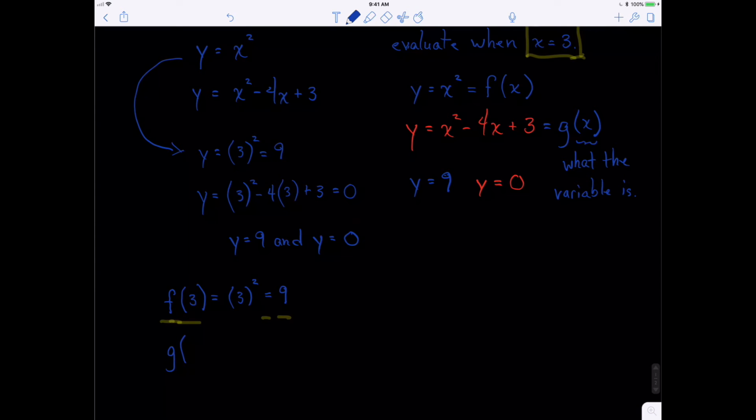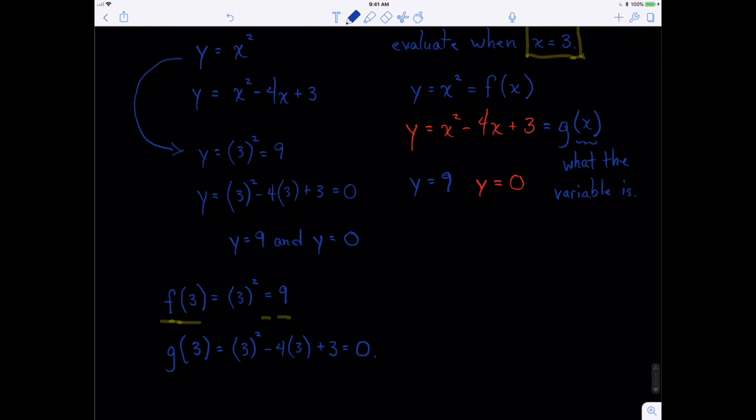Now I call it g, and I might want to evaluate it when x is 3. So I would go through the exact same process that we did up above. I would take my 3, square it, minus 4 times 3 plus 3, and I would know that when x is 3 in g, the result is 0. And so that's why we use the function notation. It tells us which function we're talking about and where we're evaluating the function.